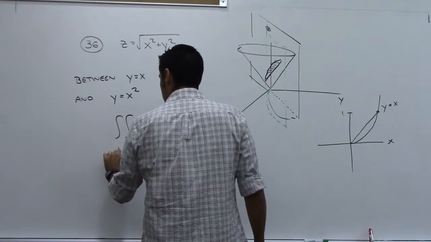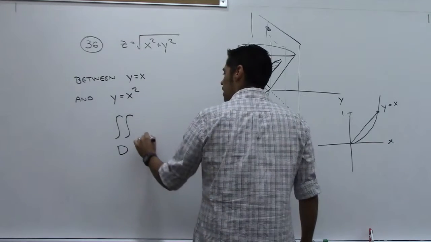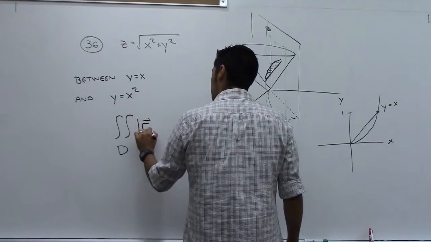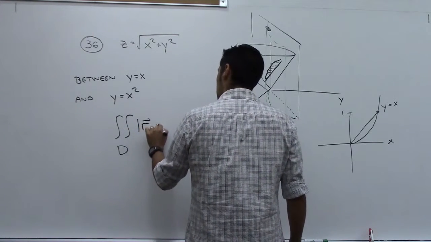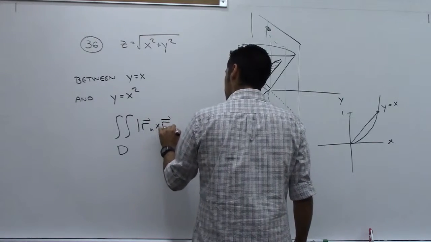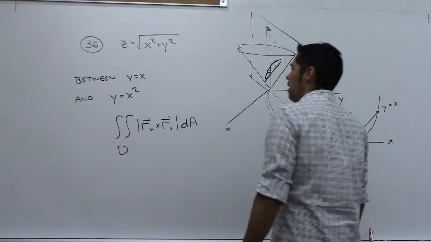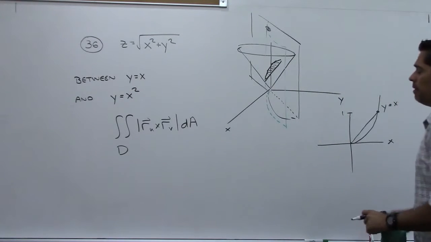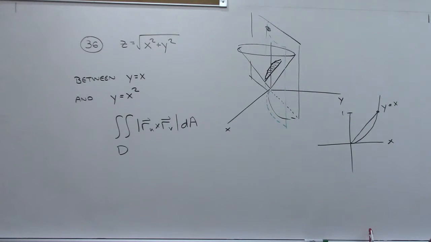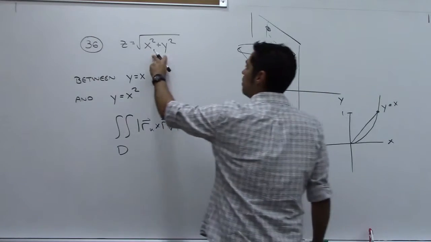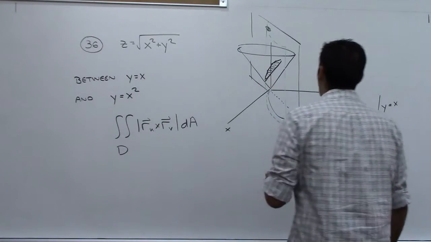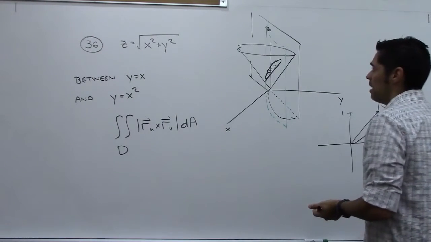All right, well, what we know is that we're going to have to find the double integral over D of the magnitude of r_u cross r_v, dA. But the surface we have is actually written in terms of two variables. So z is in terms of x and y. So this is that special case.